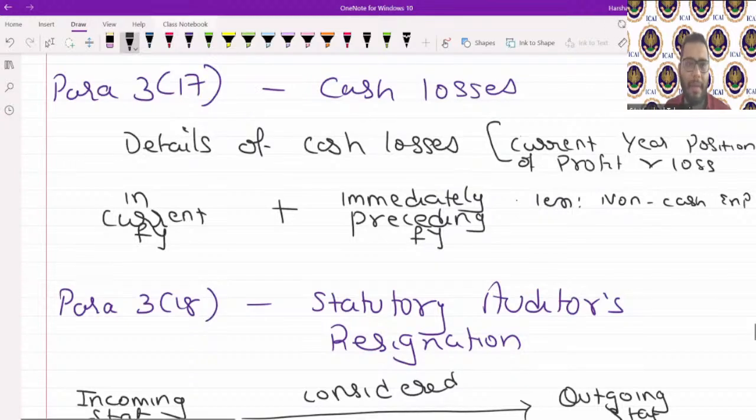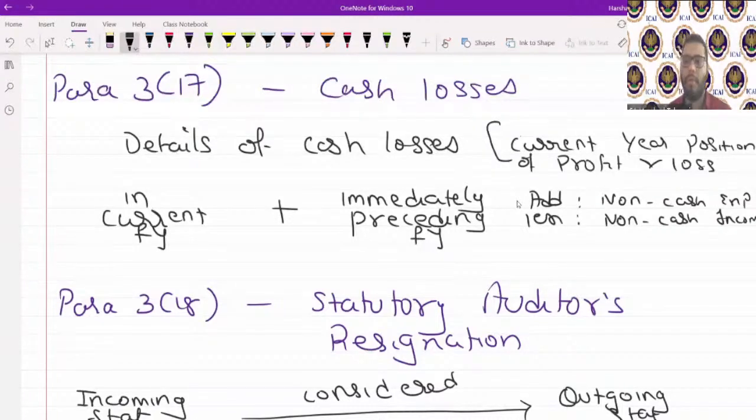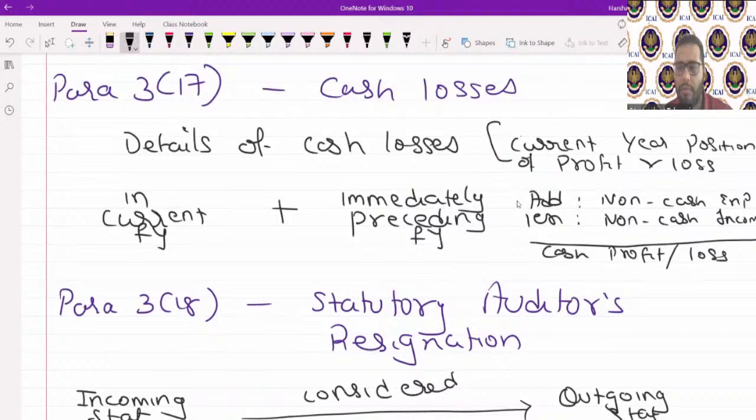Okay, sorry, not less. I'll add it back. Add non-cash expense, less non-cash income. So that will give you cash profit, simple. Cash profit or loss.